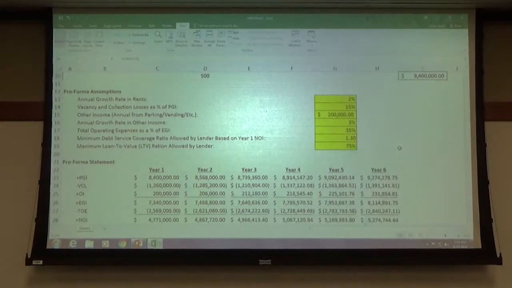Okay? Now, what if we wanted to go to year 3? What would we do? Multiply this times 1.02, because now we're starting from the income in year 2 to get year 3. That should then match up with the 8,739,360.